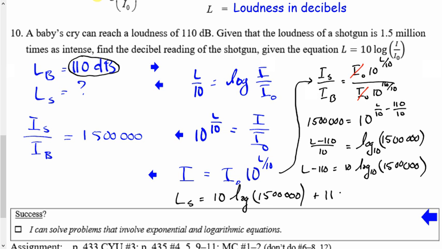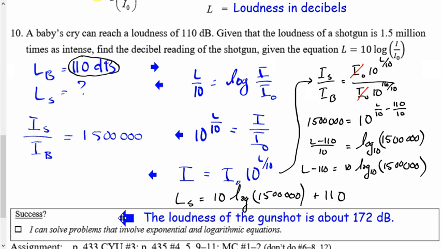So what I'm getting in this calculation is how much the loudness increased by, and then I'll add that to the 110. When we evaluate this with our calculators, we will find that the loudness of the shotgun is about 172 decibels.